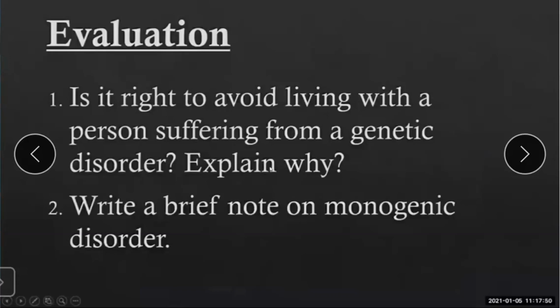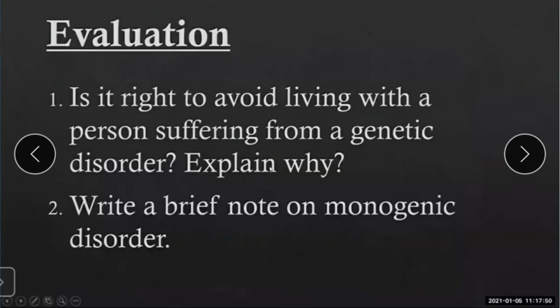Is it right to avoid living with a person suffering from a genetic disorder? You have to write down this question in your notebook so that you can solve it. Explain why. You have to write the answers. This is your homework. Write a brief note on a monogenic disorder, the things which we have seen today.